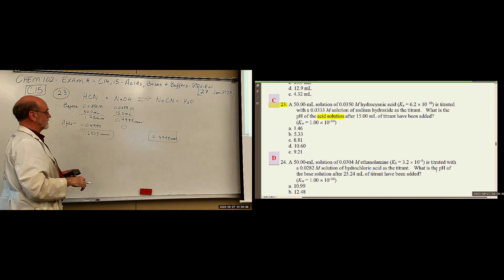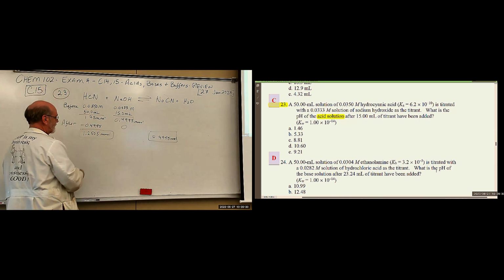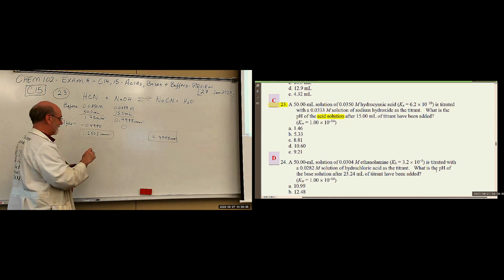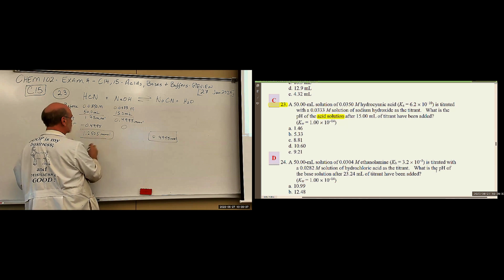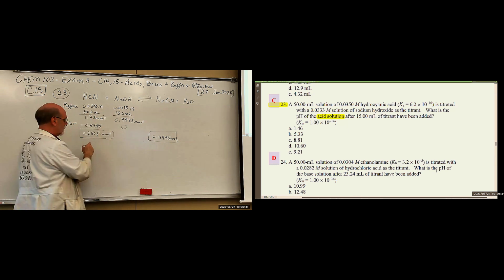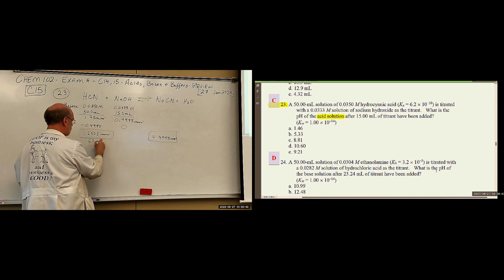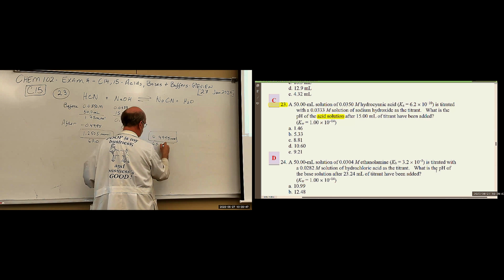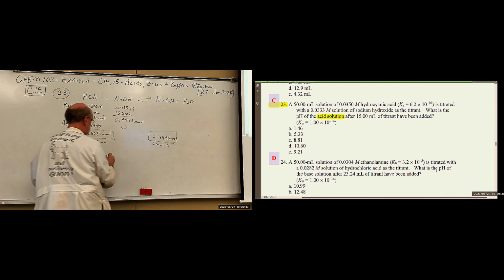What's the concentration? That's a good question. Millimoles divided by milliliters is molarity, correct? Okay. So divide this by the total volume. 50 plus 15 is 65. All right.